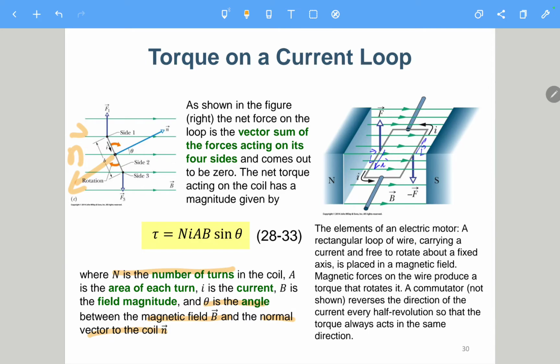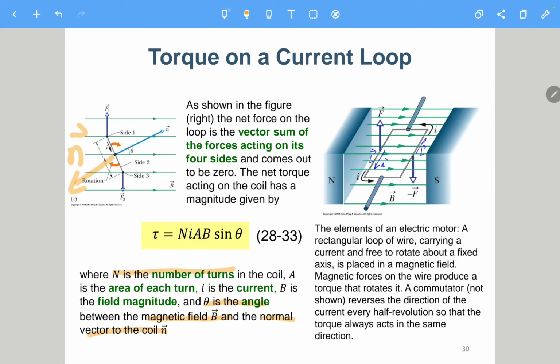So in this figure, for the wire closer to you, the current is going from top left to bottom right, and for the wire behind, it should be going from bottom right to top left. If you use the right-hand rule, it should be something like this rather than that.